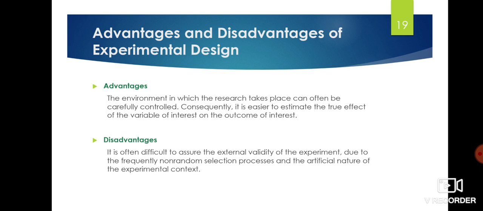But class, there are times that we cannot be sure of a control over our participants, or we want to study something that has pre-existing characteristics. So if that happens, we opt to use the quasi-experimental research design, which is commonly used by students like you in a research project like this one.